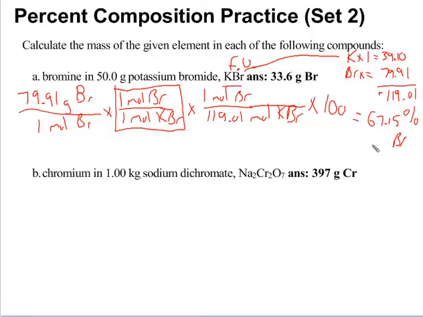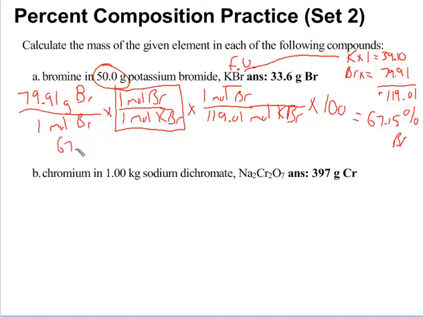Now that we have that number, what we need to do is figure out how much we have in a 50 gram sample. There's multiple ways you can do this. You can set up a proportion, you can do numerous things, but the way that I do it is fairly simple, and that is you can compare your percentage to 100, because that's what a percent is, 100.